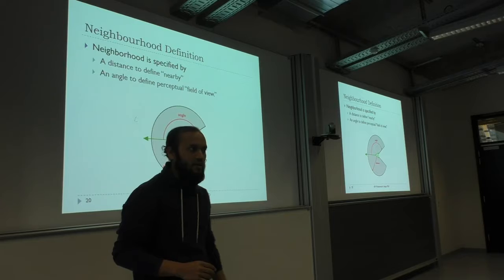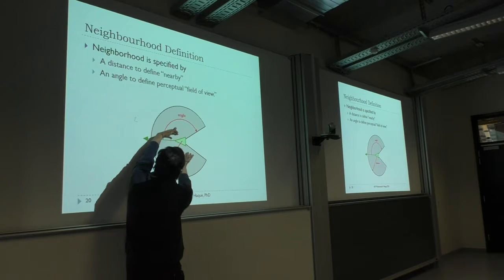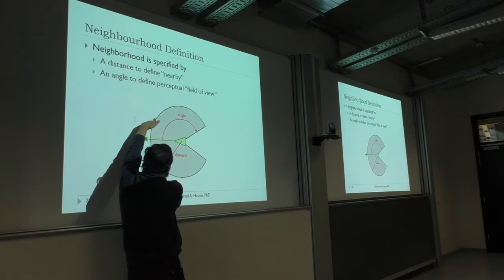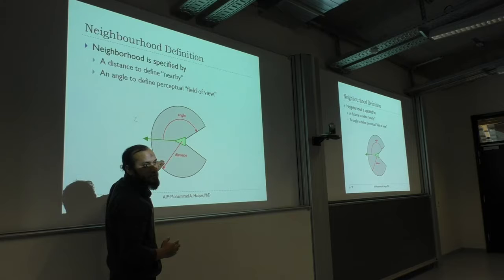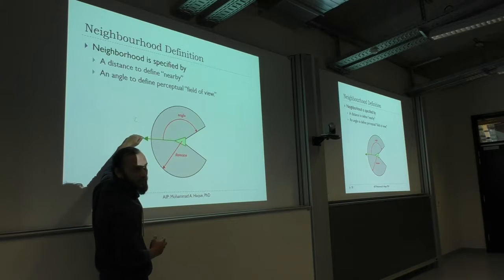So when you say that the neighborhood is with this radius and then this angle, it can only see in front of it, in the direction of its velocity.